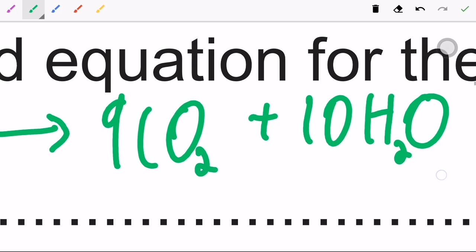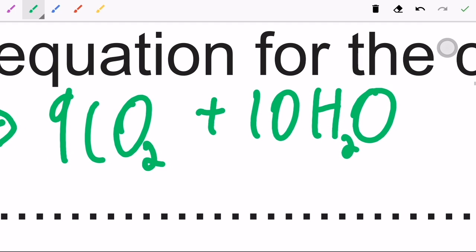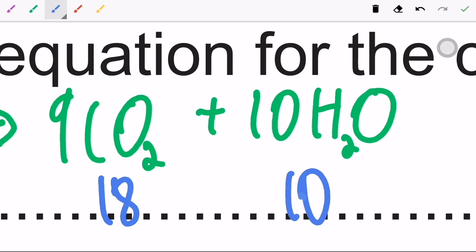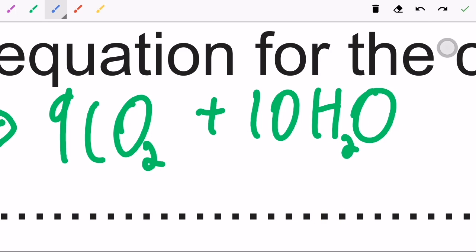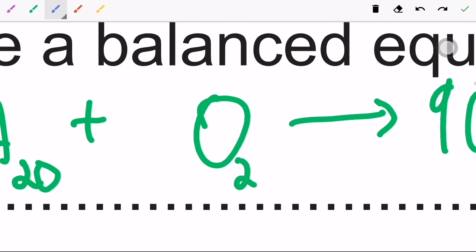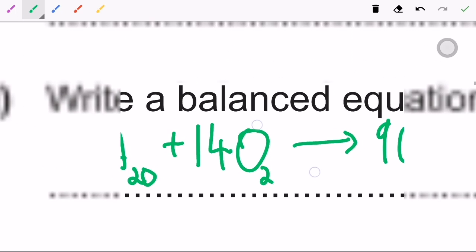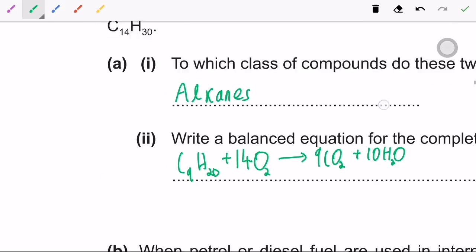Now how much oxygen do you need? 9 times 2 is 18, and another 10 here, which means you need 28 oxygen atoms, which means you need 14 moles of oxygen gas. So that is a lot of oxygen.